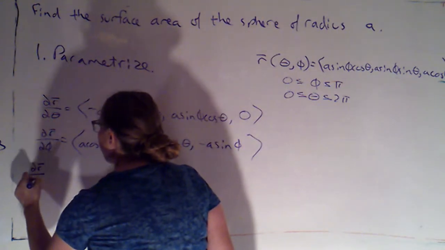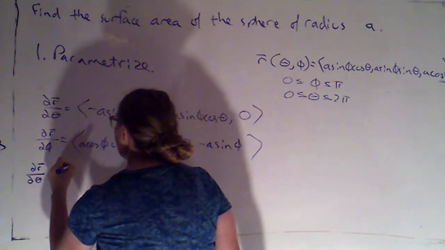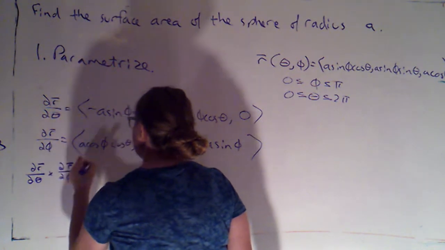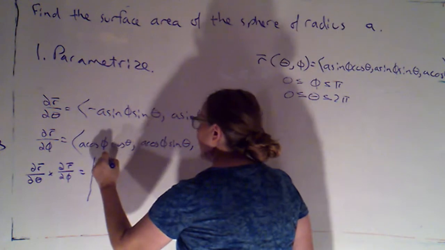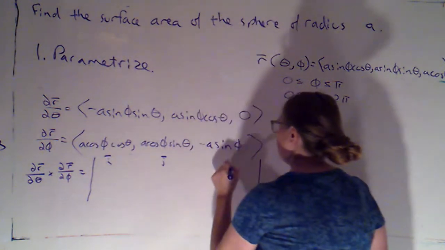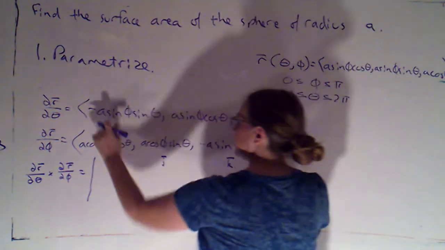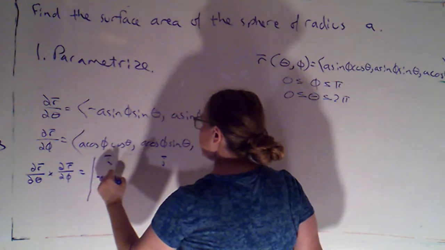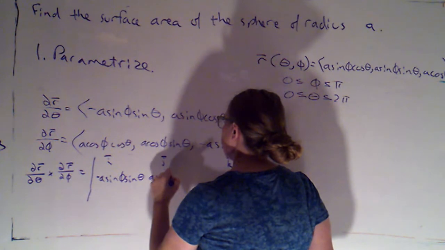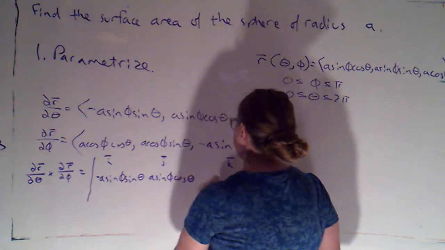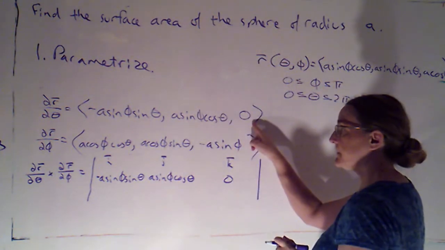Del r del theta crossed with del r del phi is going to be a symbolic determinant: i, j, k. This is my second row, negative a sine phi sine theta, a sine phi cosine theta, 0.